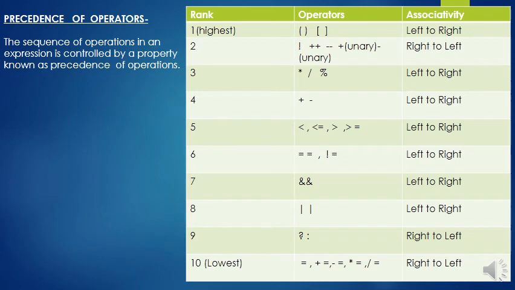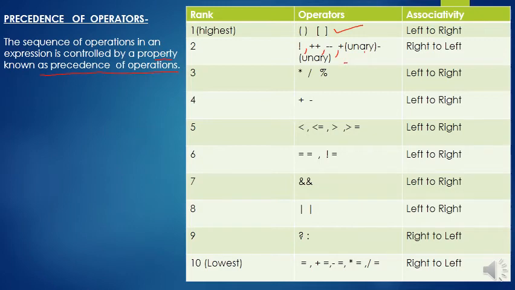Next topic is, children, precedence of operators. So the sequence of operations in an expression is controlled by a property known as the precedence of operations. So here you see the table. Highest precedence is of bracket, second precedence of not, increment, then decrement, then unary plus and unary minus.